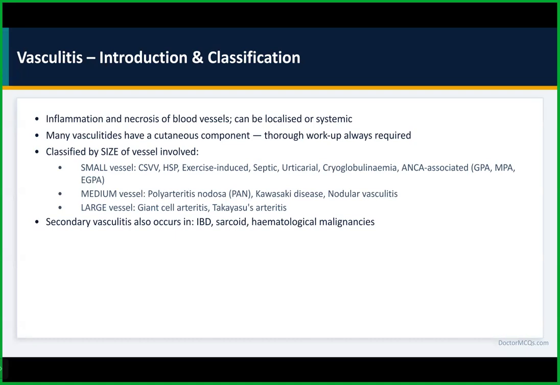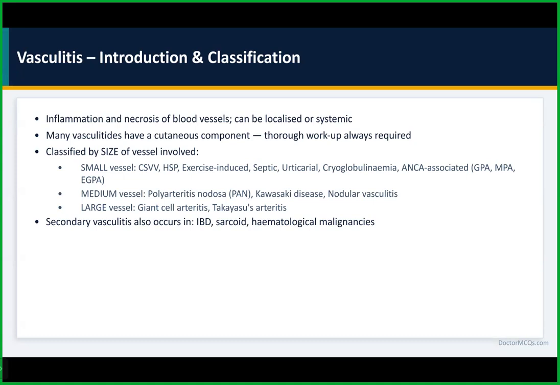Basically, it's inflammation and necrosis of the blood vessels. It can be localized or systemic depending on the kind of disease. It is divided into three classifications. Number one is small vessel, the most common in primary care.